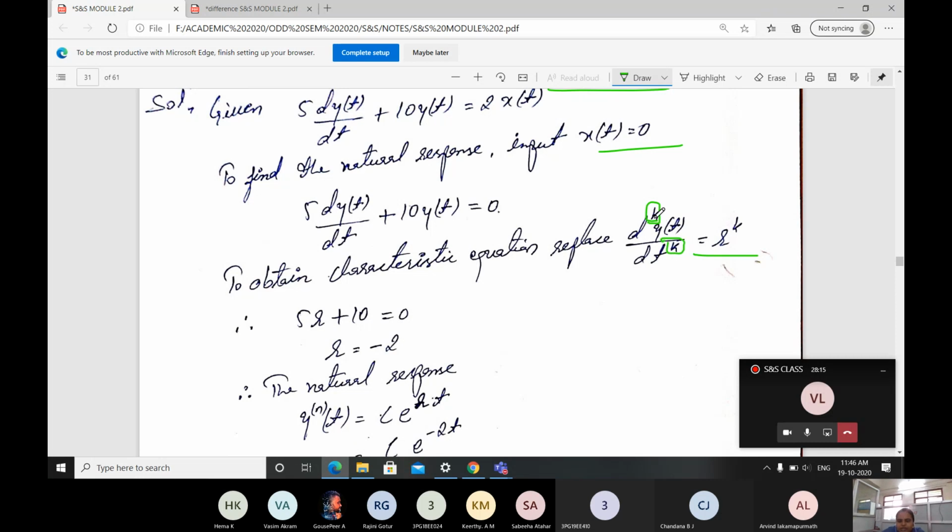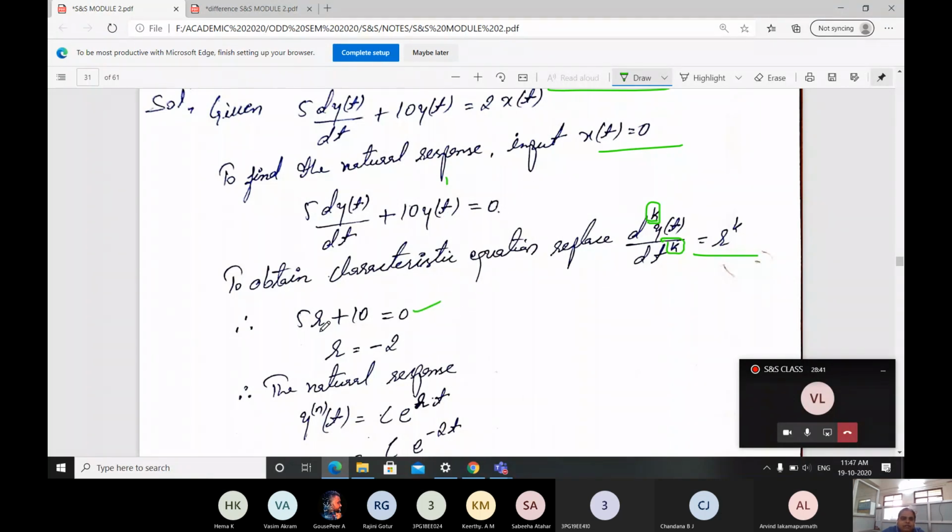Here dy(t)/dt is taken as r^1. So 5r plus, since there is no differential part, take it as 1, plus 10, equal to 0.